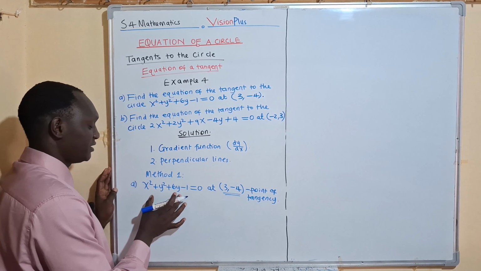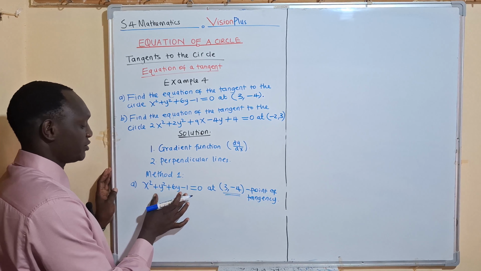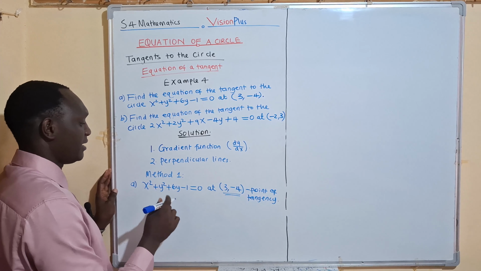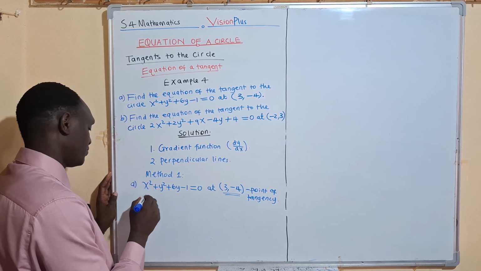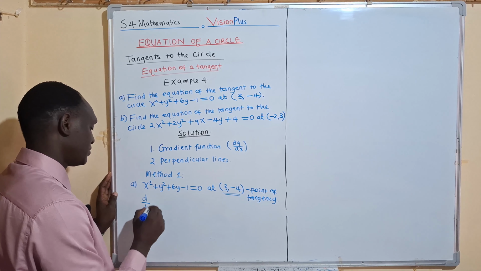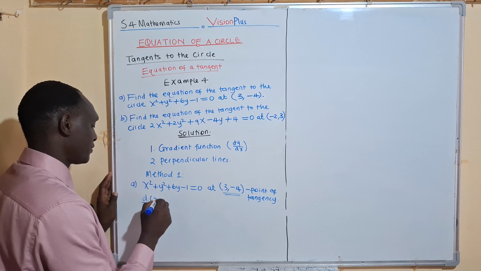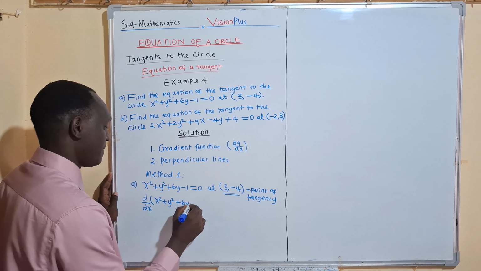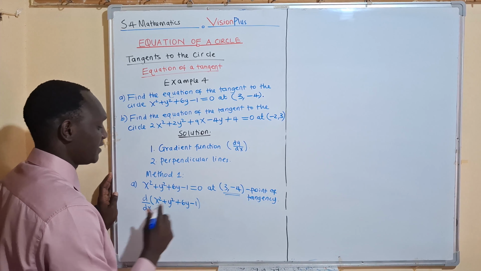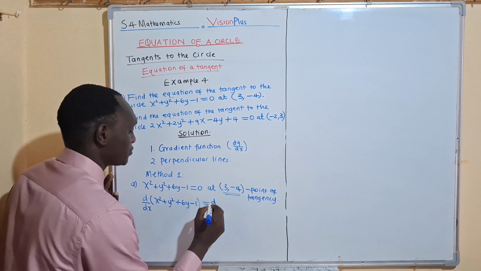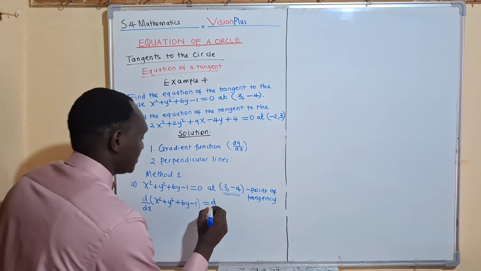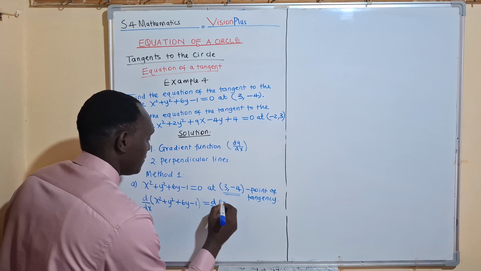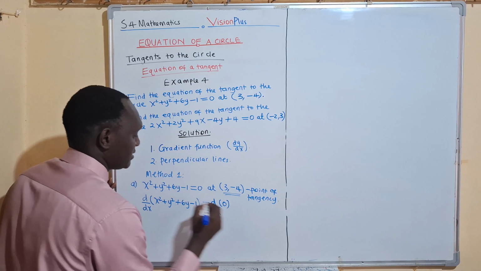So we are going to differentiate both sides of the equation of the circle with respect to x, treated as an implicit function. So d/dx of x squared plus y squared plus 6y minus 1, this is the left hand side, equals d/dx of the right hand side, 0.